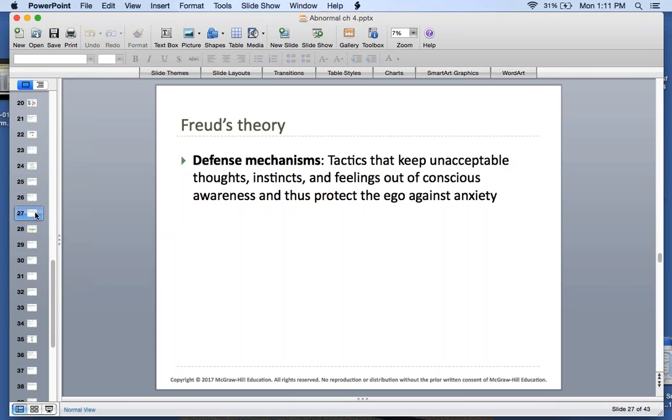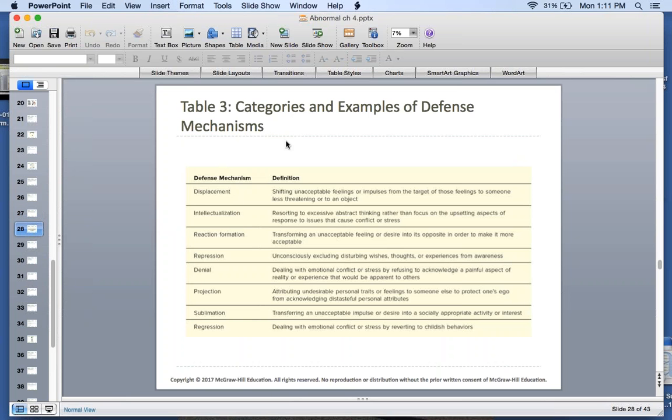Okay, defense mechanisms. The idea is that it's a tactic that keeps unacceptable thoughts, instincts, and feelings out of conscious awareness, and therefore protects the ego against anxiety. So here's a list of these defense mechanisms. I do generally want you to know some of them, like repression or projection. Those are ones people use often.